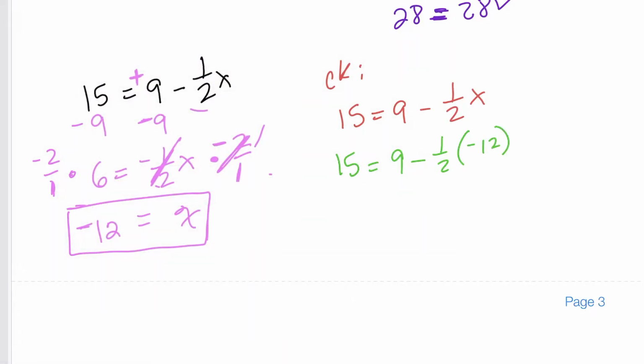I'm multiplying negative by negative, so that's going to become positive. 2 goes into 12 6 times. So that leaves me with 15 is equal to 9 plus 6. 9 plus 6 is going to give me 15. So 15 is equal to 15. That does work out. My x value is correct.